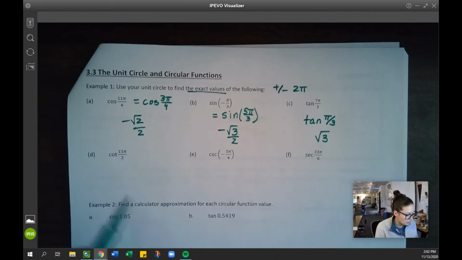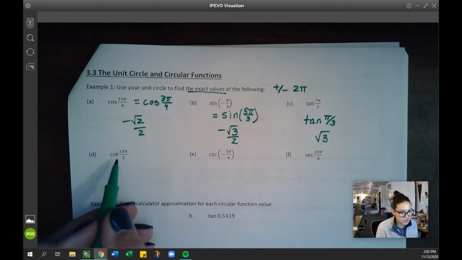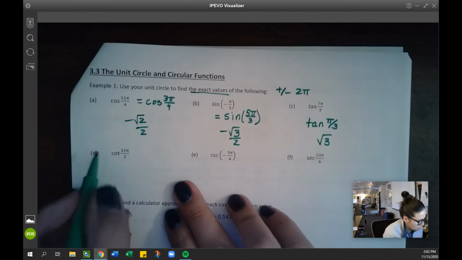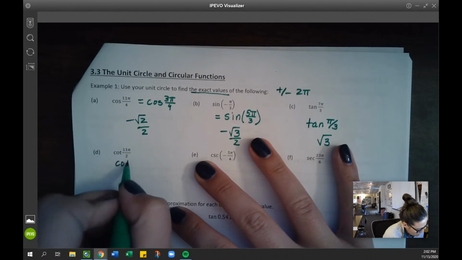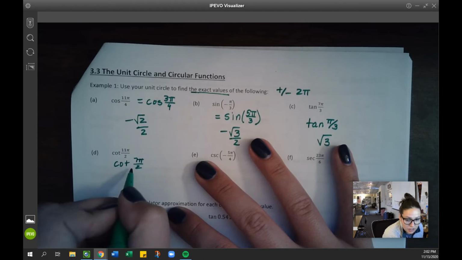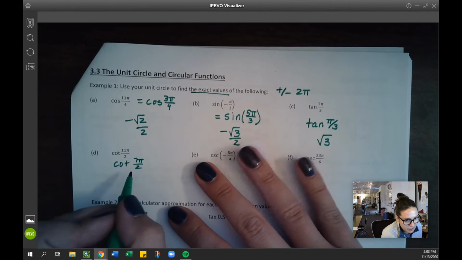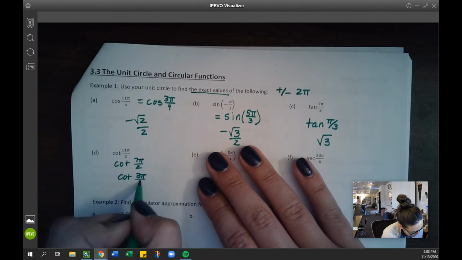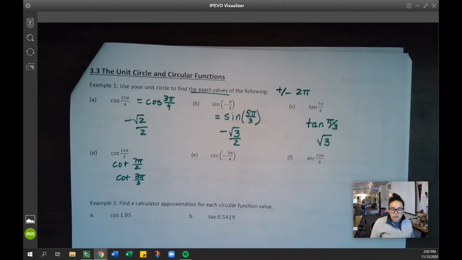All right. Cotangent of 11 pi over 2. I'm going to subtract 2 pi, aka 4 pi over 2, which gives me cotangent of 7 pi over 2, which is still too big, so I'm going to subtract again, which gives me cotangent of 3 pi over 2. 3 pi over 2 I do have on my unit circle.